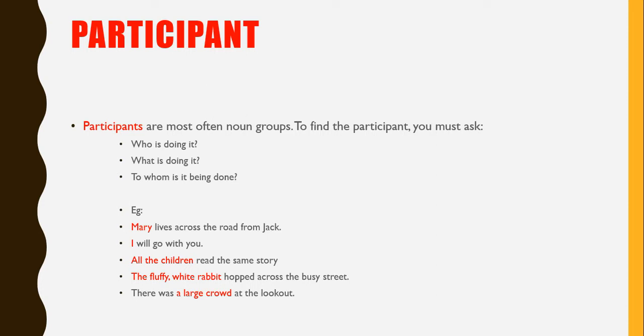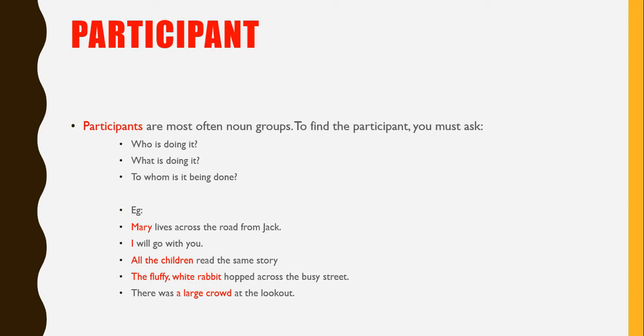It's not to be confused with just the noun, because just the noun would be children, but the noun group would be all the children. And the fluffy white rabbit, even though fluffy and white are describing the rabbit, and we've spoken about adjectives, with functional grammar, the participant is the fluffy white rabbit. It's the whole participant. And same with a large crowd.